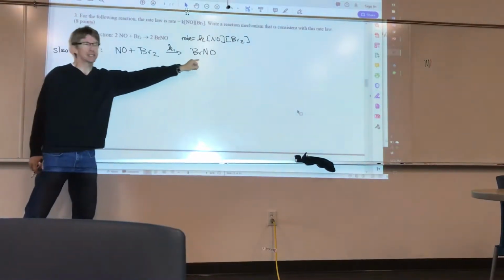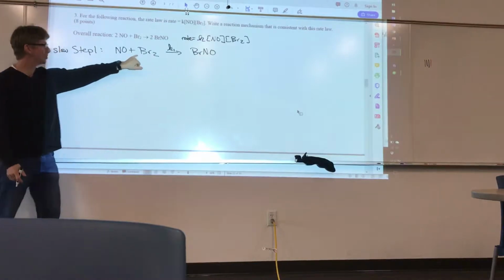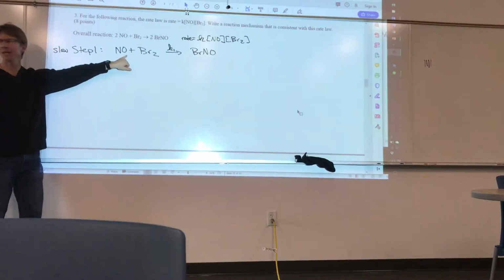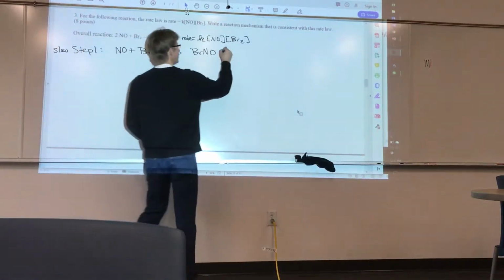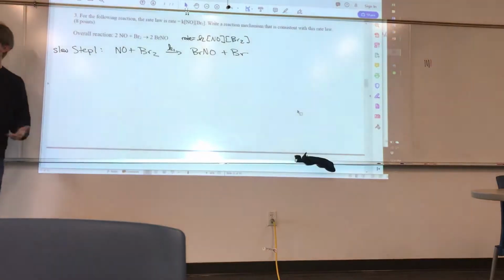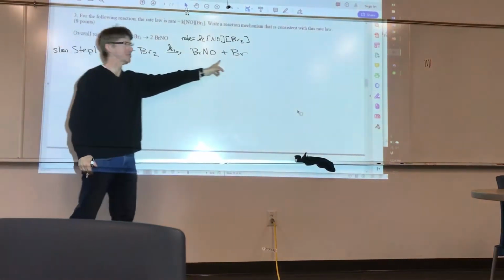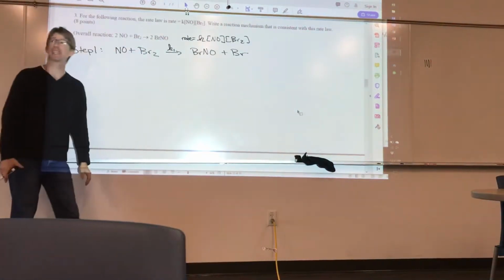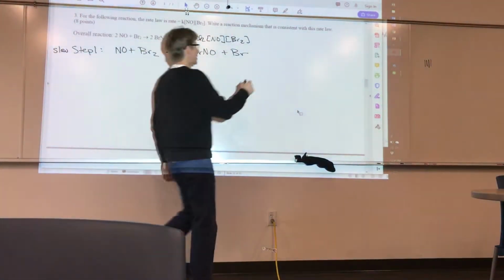Whatever I hypothesize here has to be made out of the parts here. I have a bromine, a nitrogen, an oxygen, but I have 2 bromines. Like all reactions, elementary reaction steps have to have the same atoms on the left and on the right. The only thing that happens is they get shuffled about.